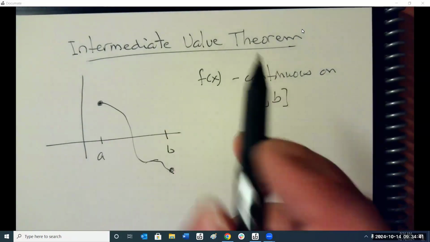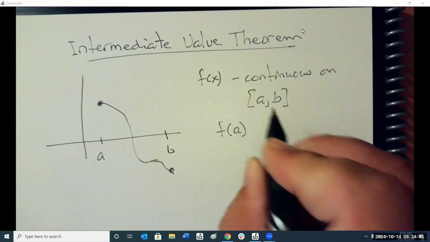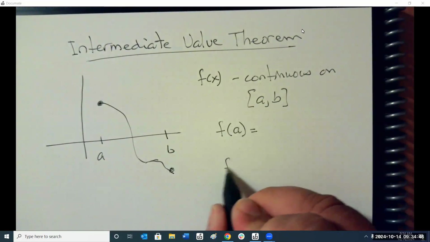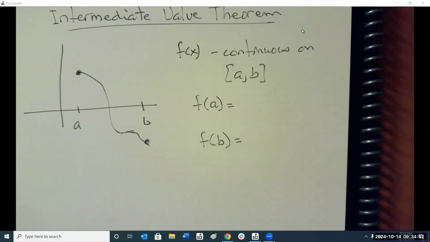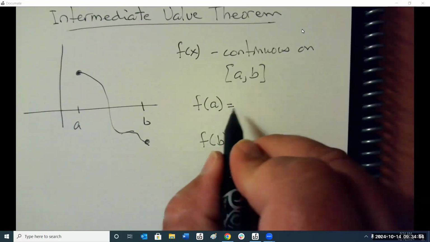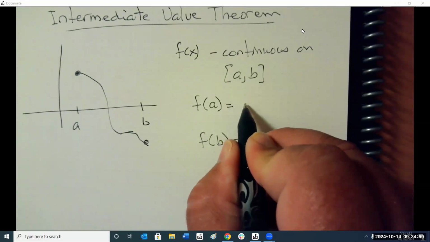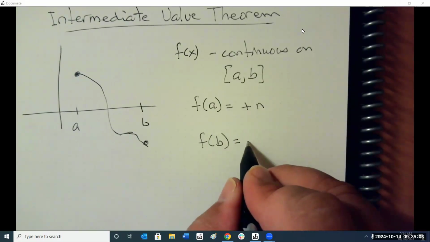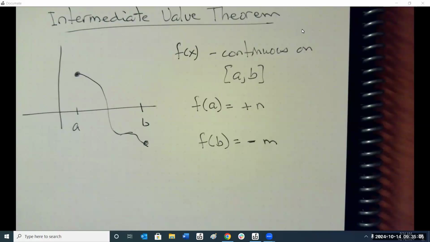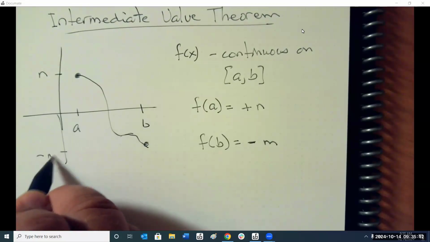The intermediate value theorem tells us this. If we look at the values at both ends, and let's say this one is positive n, and this one is negative m.